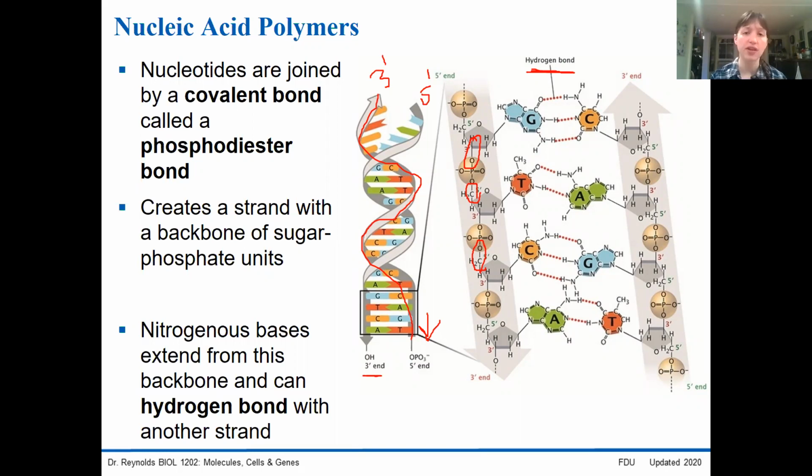And you'll also notice that even just with these 4 nucleotides here, there are many hydrogen bonds. So when you consider how many hydrogen bonds there are, there's actually quite a bit of strength holding these 2 nucleotides together. But it is definitely weaker to hold the 2 strands together via hydrogen bonding than the actual backbone itself.